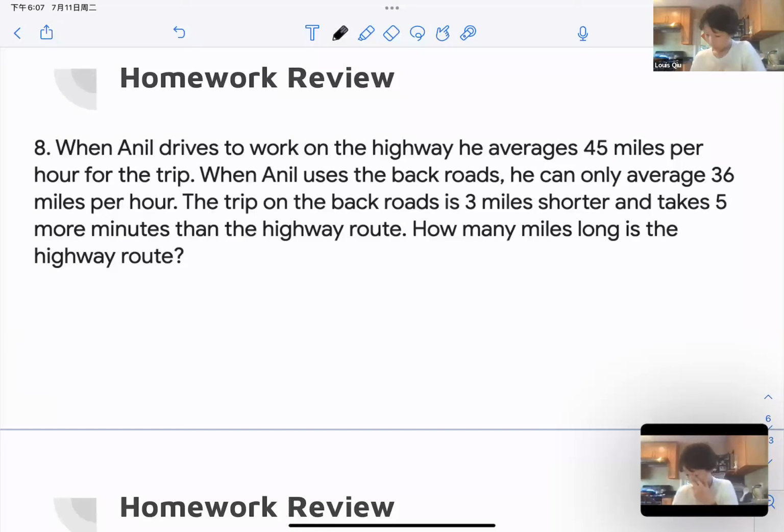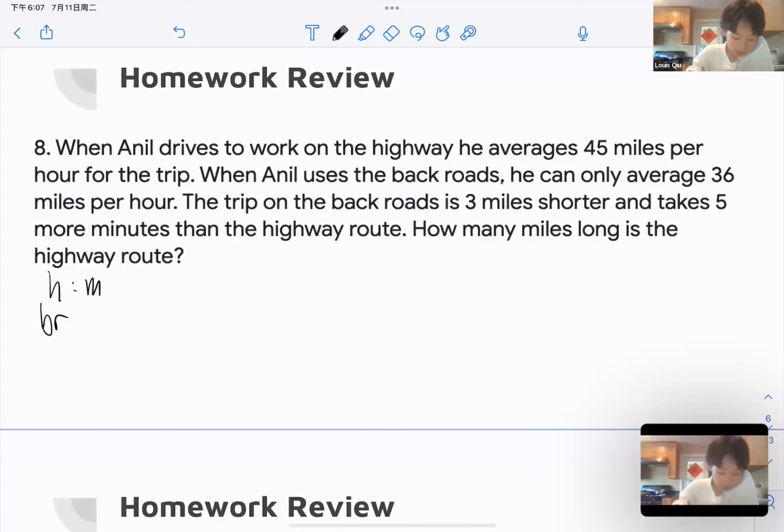So suppose that the highway is m miles long. So the back roads would be m minus 3 miles long.